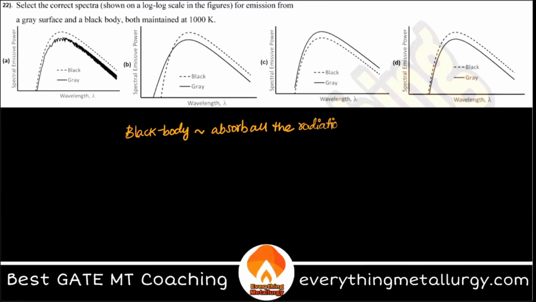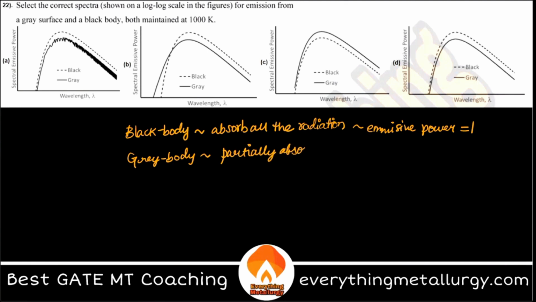That means its emissive power is equal to 1, whereas a gray body cannot absorb all the radiation, so this will be partially absorbing. So here its emissive power will be less than 1.